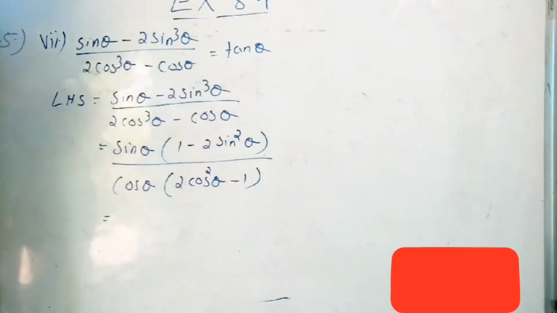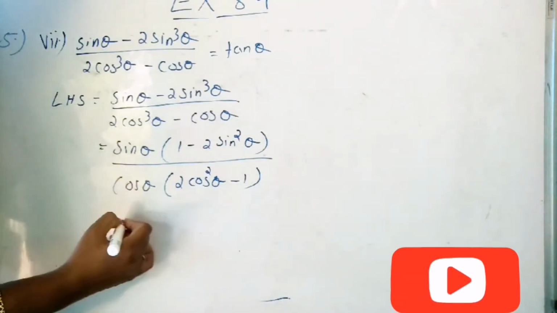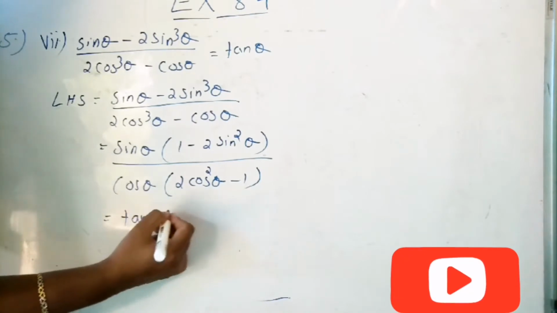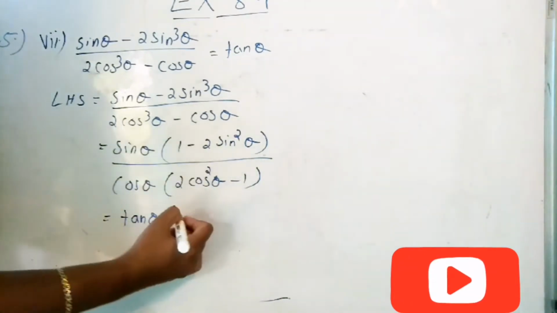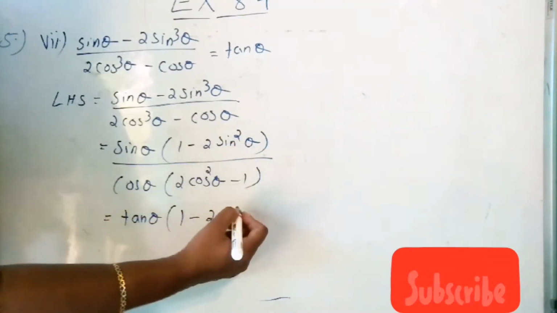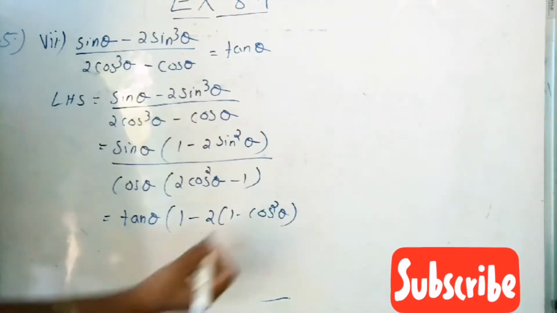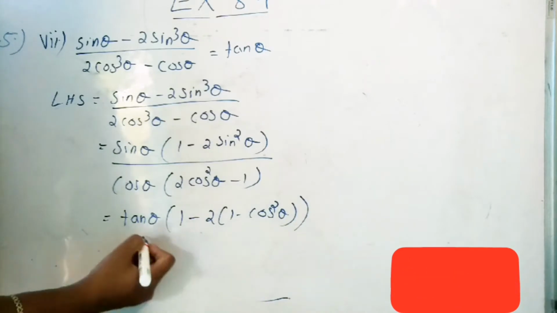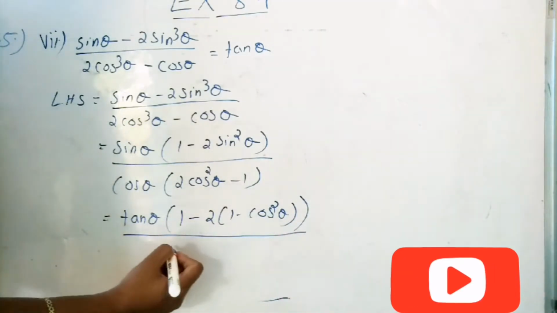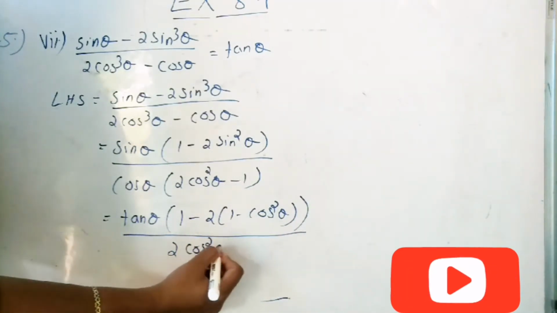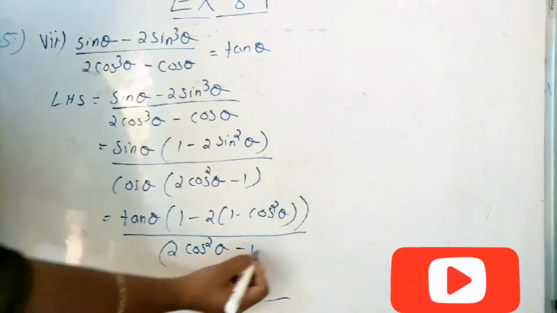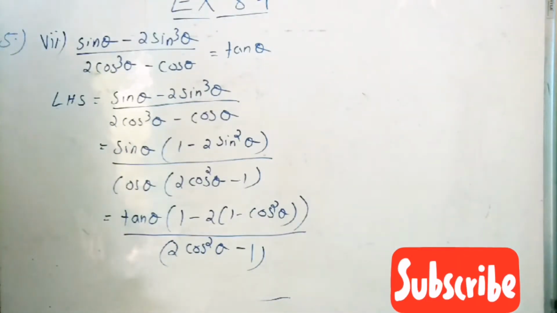And this is equal to sin theta by cos theta, that we can write as tan theta, into (1 minus 2 sin square theta), and we can write sin square theta as 1 minus cos square theta, all divided by (2 cos square theta minus 1).